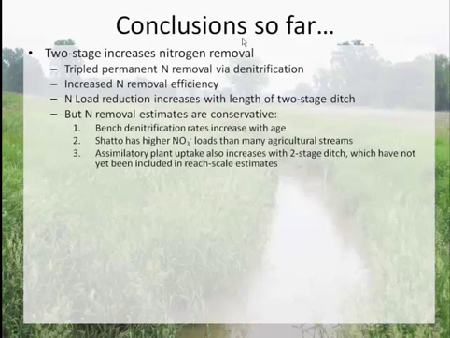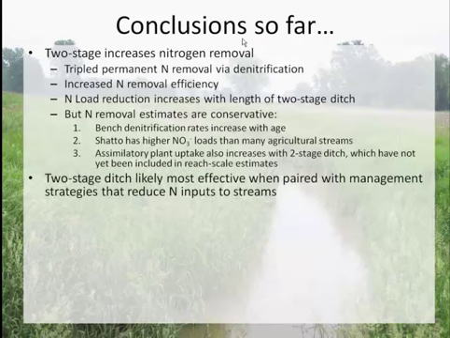First, we were using bench denitrification rates from early on. It appears that they do increase with age. Also, our estimates come from Shadow Ditch, which has exceptionally high nitrate compared to other ag streams. And we also haven't put the plant uptake numbers into our total removal estimates.